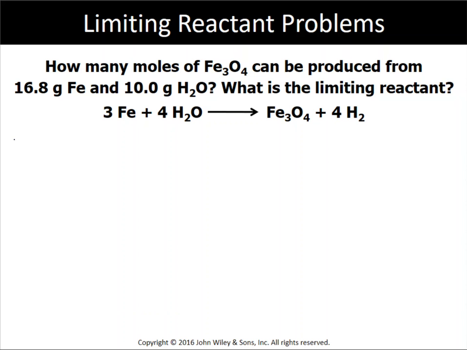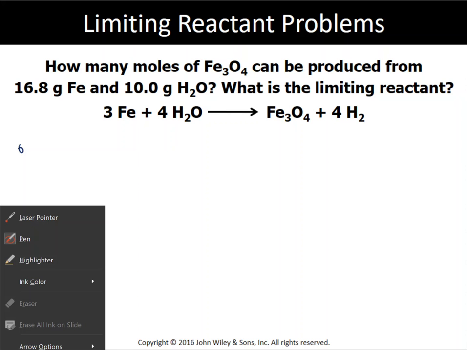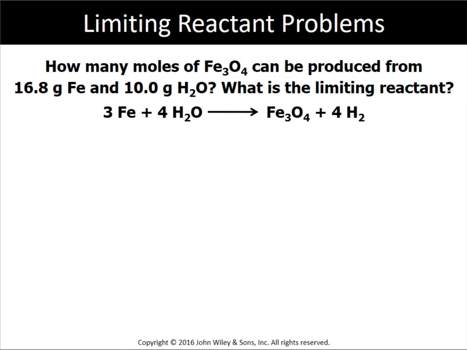So let's start with 16.8 grams of iron. We're going to convert this to moles of iron first. Each mole iron is 55.85 grams of iron.